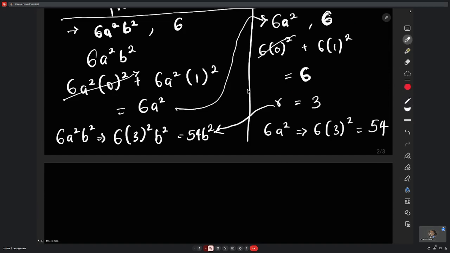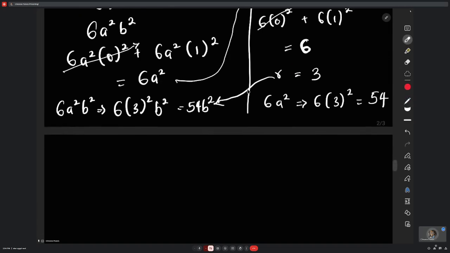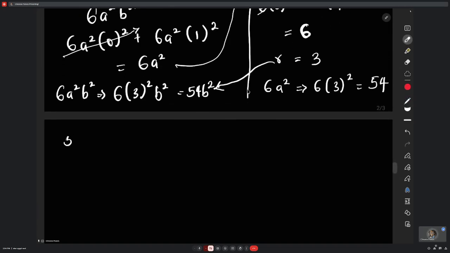The prover still sums this over the Boolean hypercube, and we are going to get 54. This guy goes to 0 and this guy is just 54.